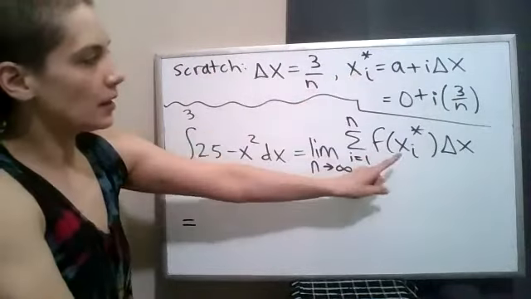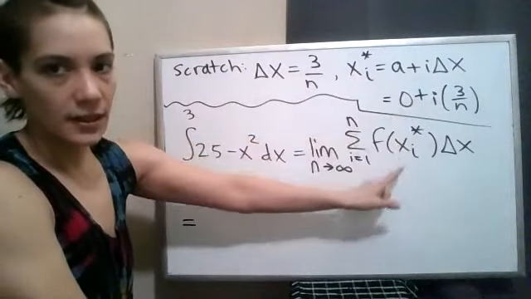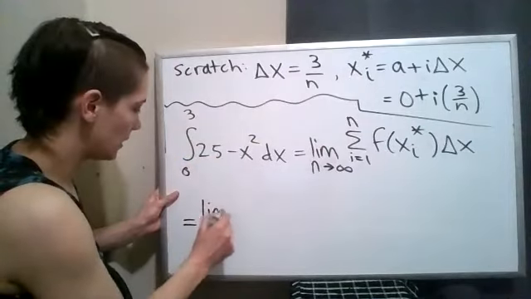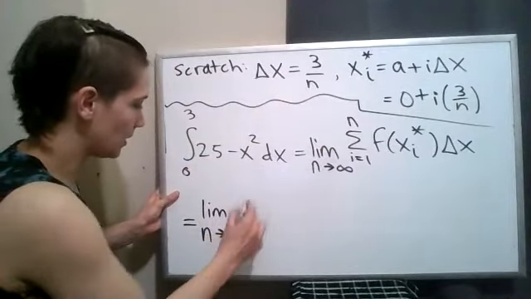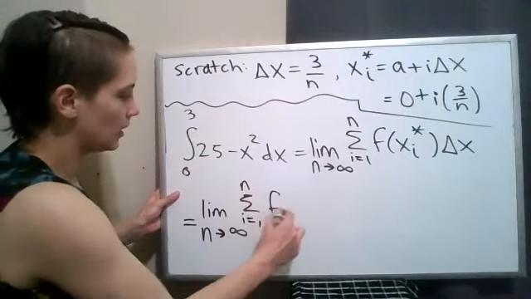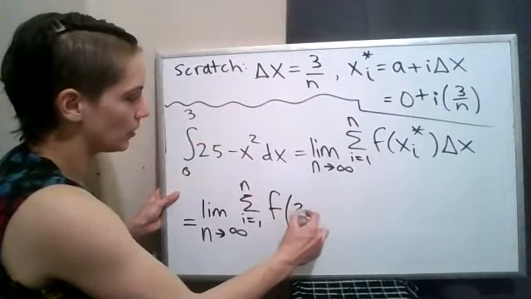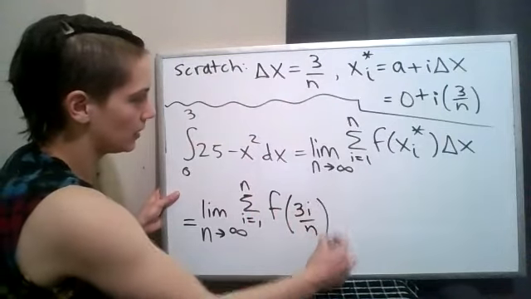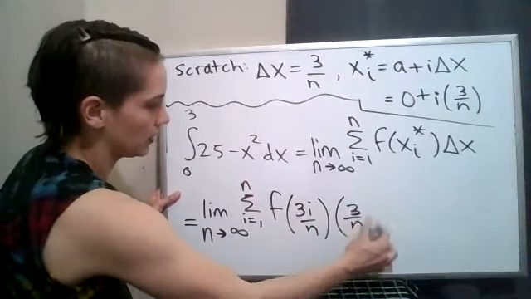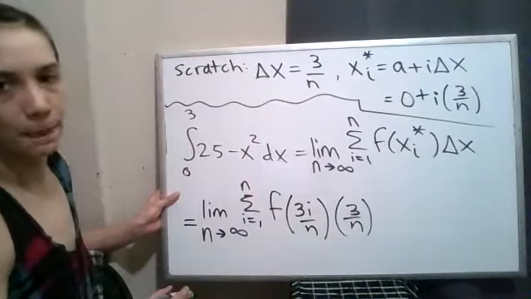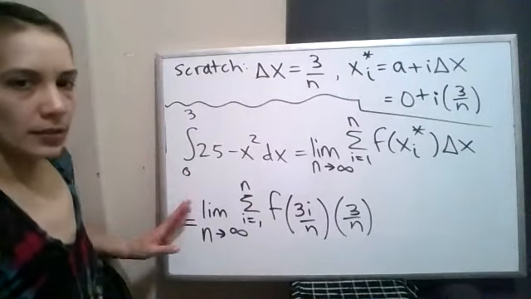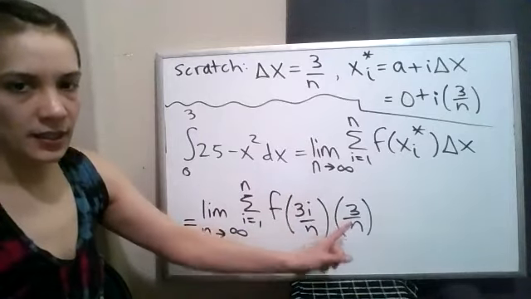So x sub i star is 3i over n. And we're putting that into your function. So go ahead, limit as n goes to infinity of your sum, i equals 1 up to n, f of 3i over n. And then delta x is 3 over n. Cool. Limit, sum, function, delta x.